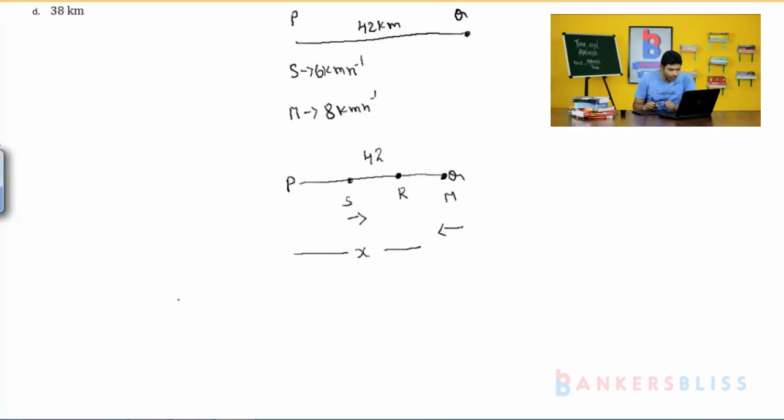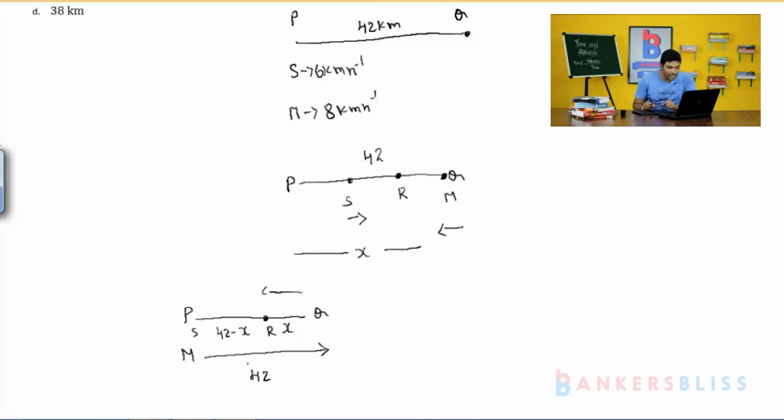If you observe properly, Monu is going to travel till Q and come back and meet somewhere here. So 42 kilometers and he is going to travel some x kilometers while coming back. Next, Sonu is going to meet Monu at R, he is going to travel 42 minus x kilometers.